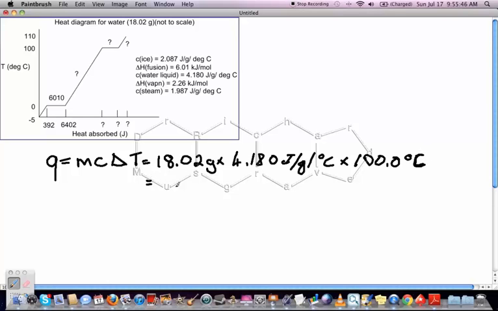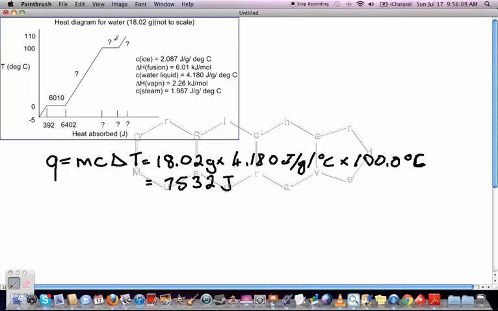And when we calculate that out, it's going to come out to be 7,532 joules. Alright, so that's going to be the amount of energy it takes to go from 0 to 100 degrees just for liquid water. And again, we used the heat capacity of water to achieve that.